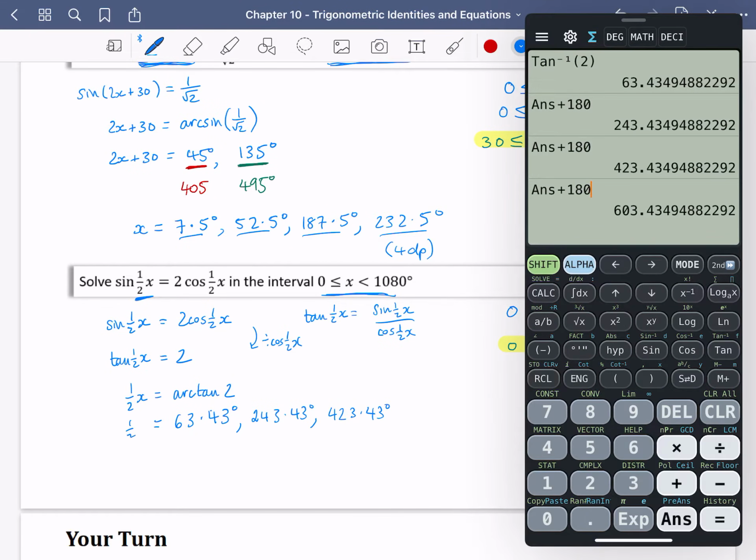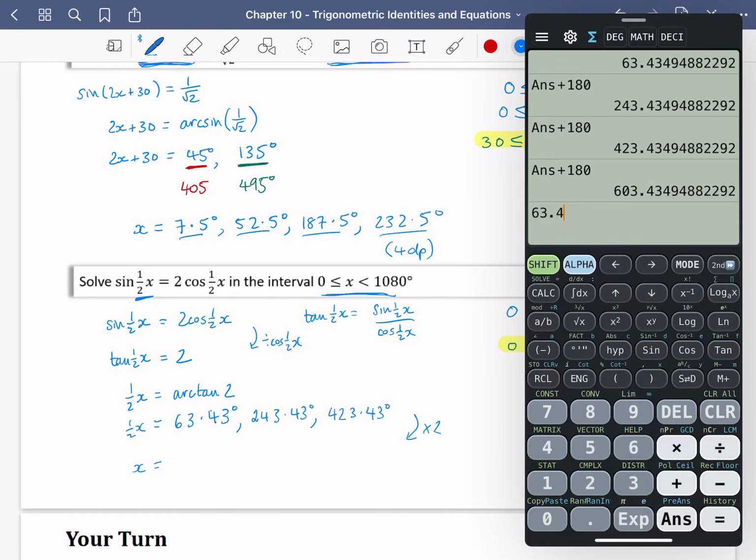Now that's what a half x is equal to. So x is going to be all of these values that we have here, they're just going to be doubled, okay? So I'm going to do my 63.43, and I'm going to double it, and I get 126.9 degrees to one decimal place. I'm then going to do my 243.43, and it's going to be 486.9 degrees.